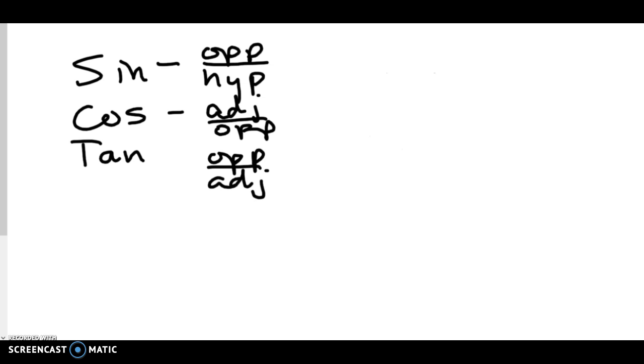What's even more fascinating as we delve more deeply into this, if we look at cosecant and we see its definition of hypotenuse over opposite, we see that to be the direct inverse of sine. So sine and cosecant are inverses of each other.